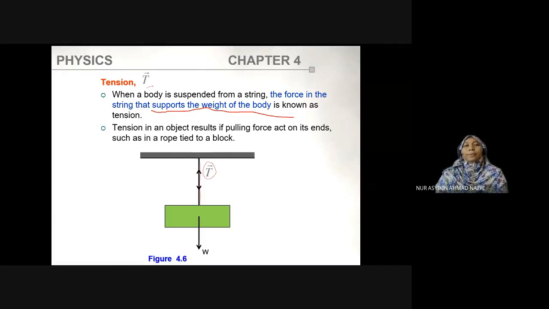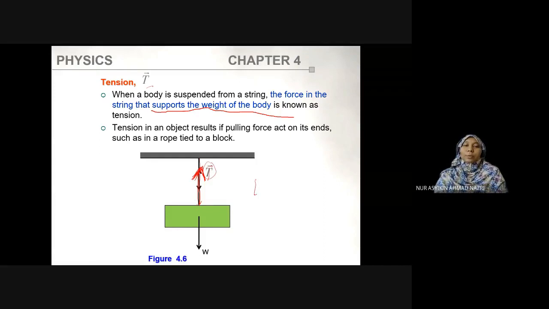Okay, it has two directions, but when we refer to this body, then how you draw, the tension akan away from the body, faham tak? That is how we draw the direction for the tension. Okay, on a string.